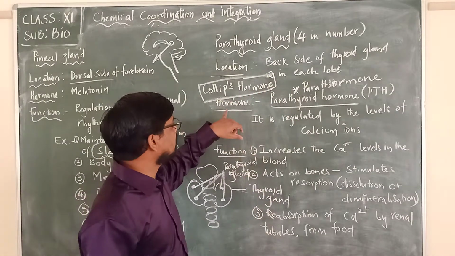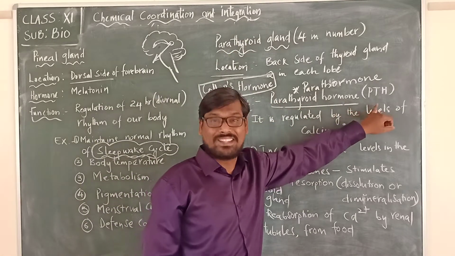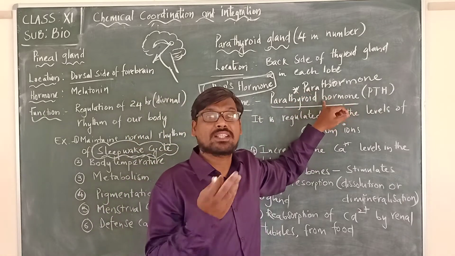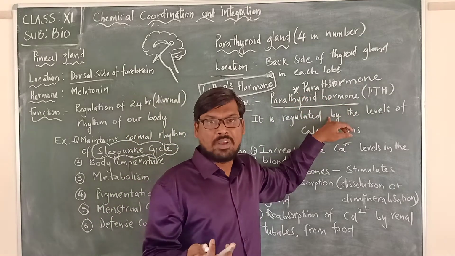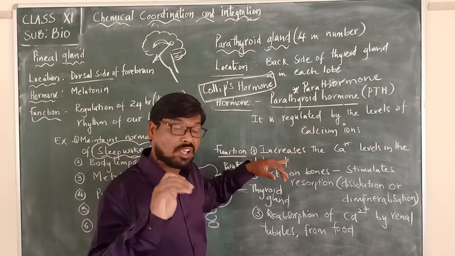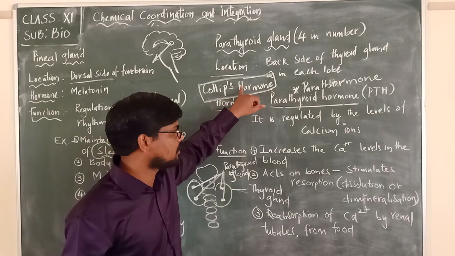In simple terms, we are calling the hormone produced by the parathyroid gland parathyroid hormone, PTH, or otherwise parathormone. Same thing. But apart from these two, parathyroid hormone is also called Collip's hormone. Please remember this.